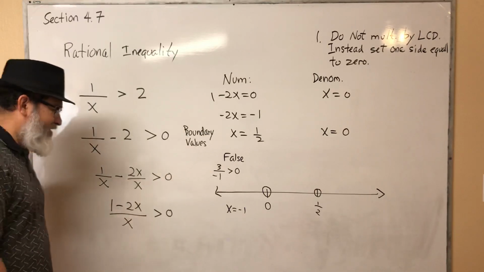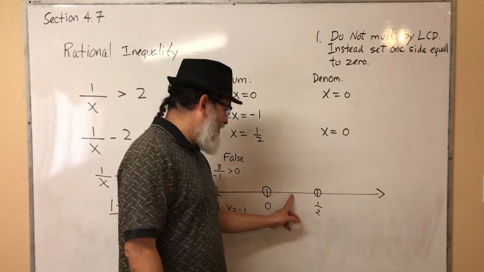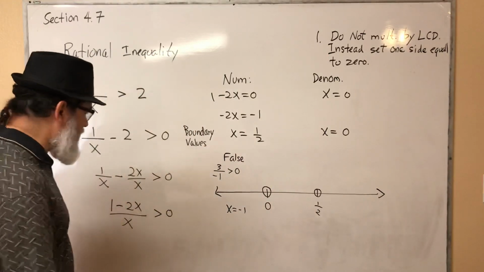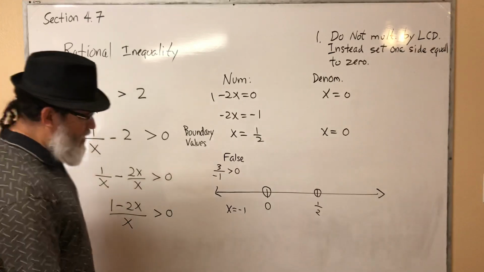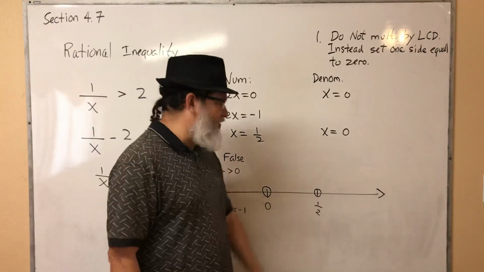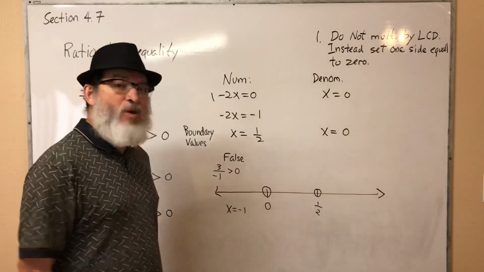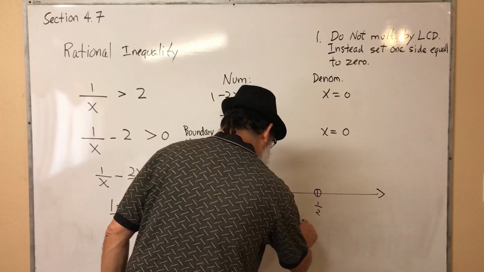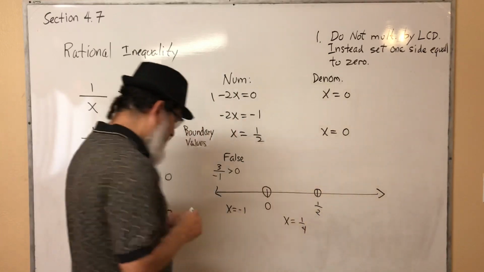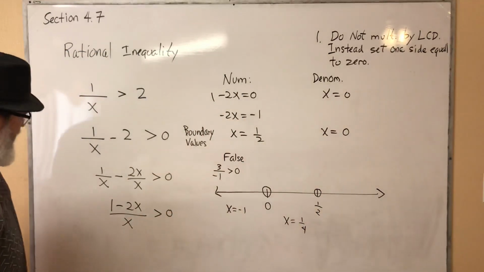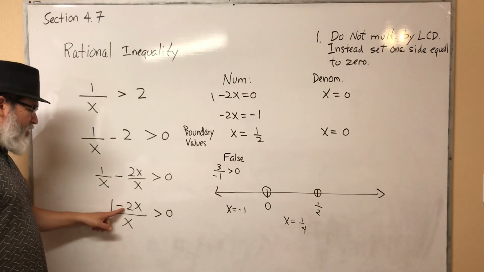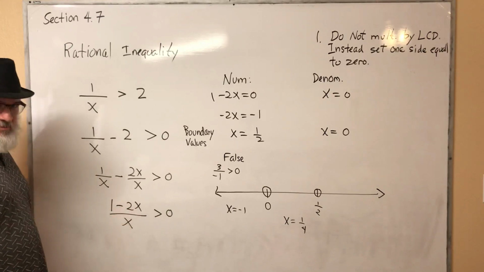Okay. How about this one right here? Let's go to this region. What should I try? Try nice numbers also, by the way. What's between 0 and half? That's a nice number, 1/4. Plug it in there. What's negative 2 times 1/4?